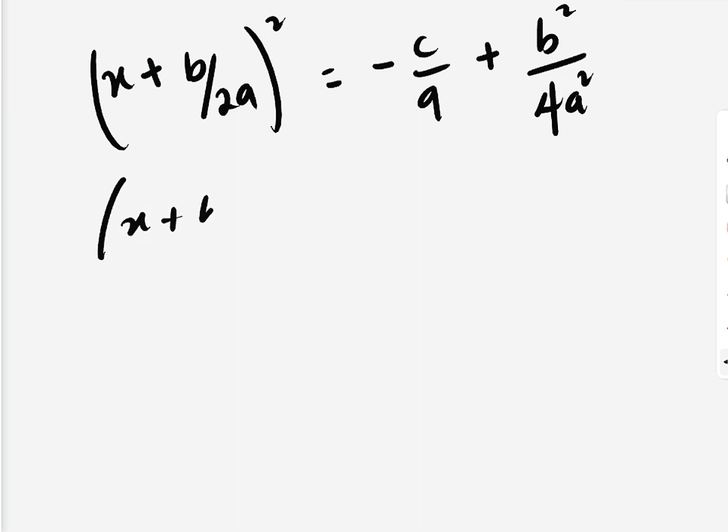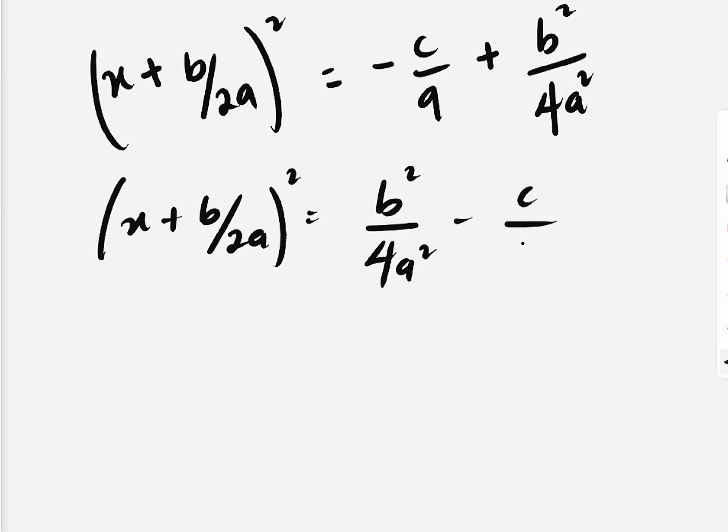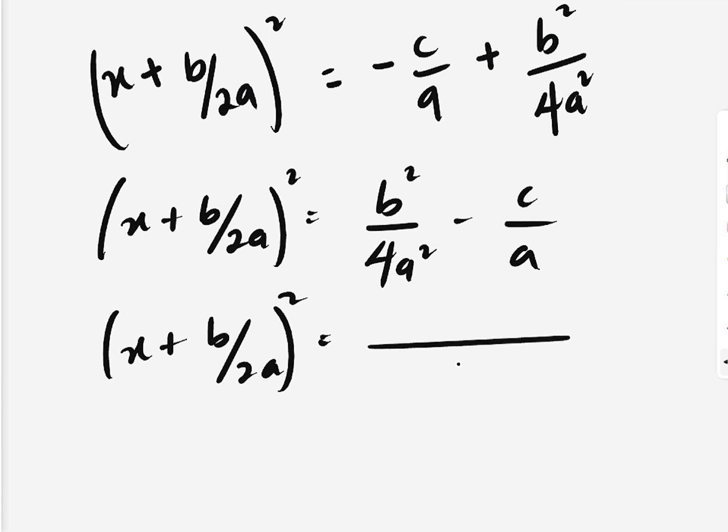Okay. Now we have (x plus b over 2a) square equals to, now this is negative, this is positive. We can rearrange it to b square over 4a square minus c over a. What's the LCM of this denominator?